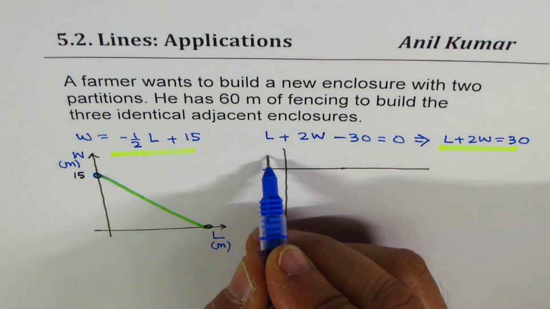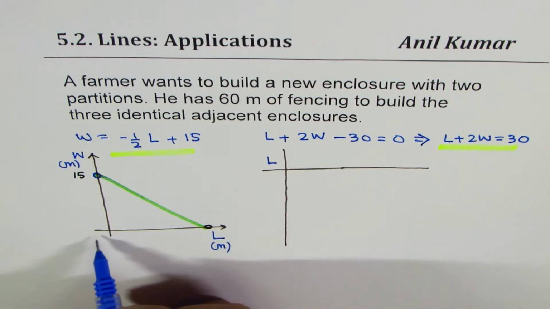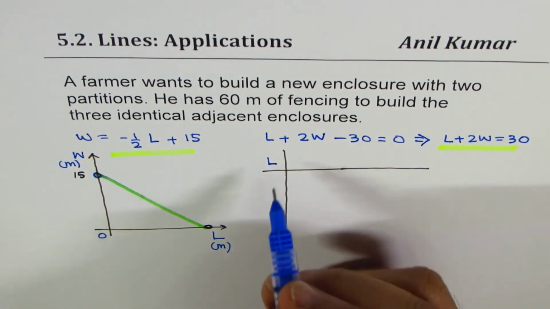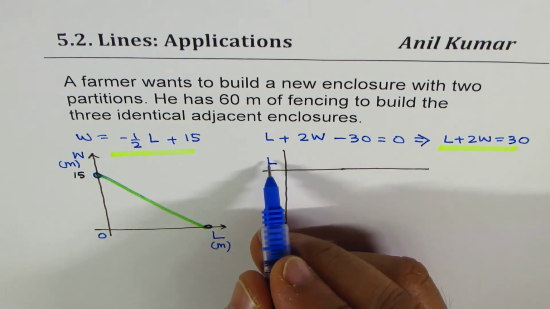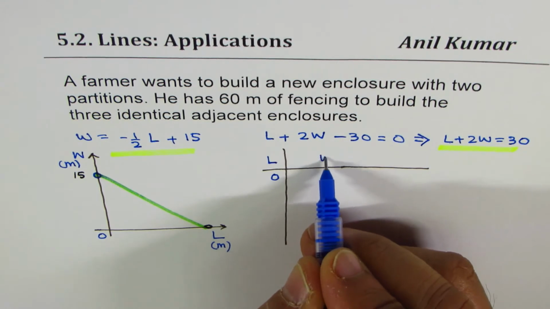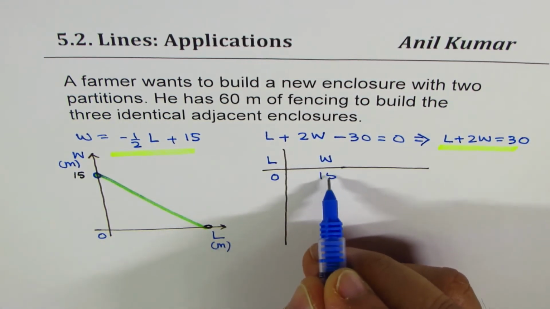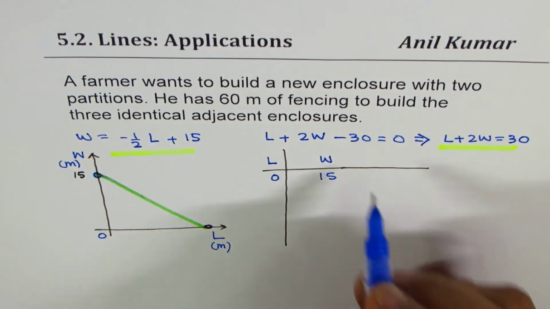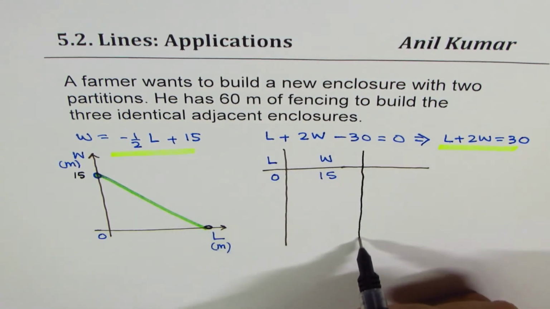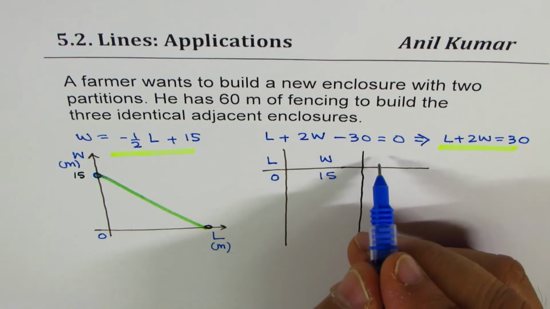Since length is our independent variable taken along the x-axis, we could take different values of length. We have already seen that if length is 0, then width is 15, correct? Now, if I choose those as the values, what is the area? We'll explore that.